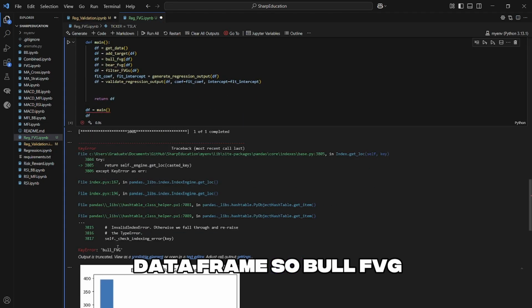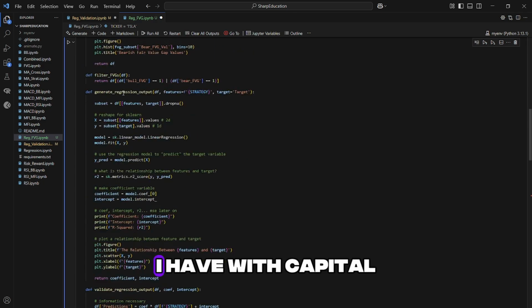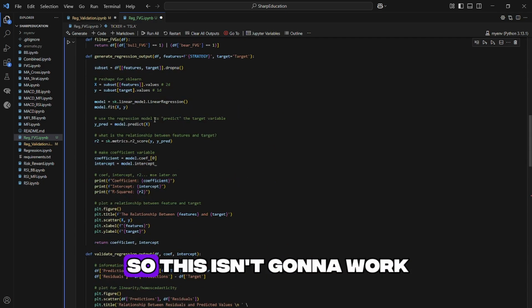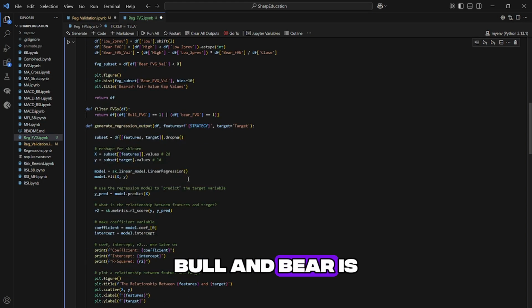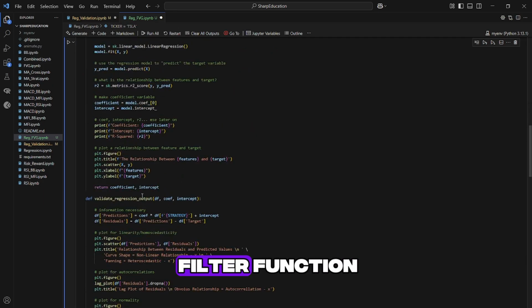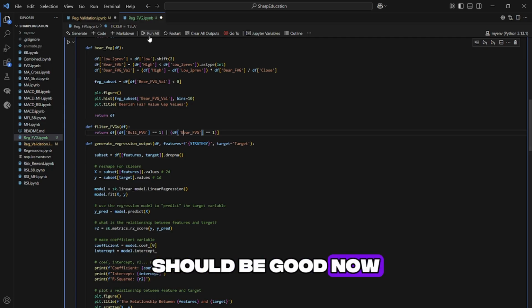So bool FVG, I have with a capital, so this isn't going to work. Bool and bare is also capital in the filter function. Should be good now.